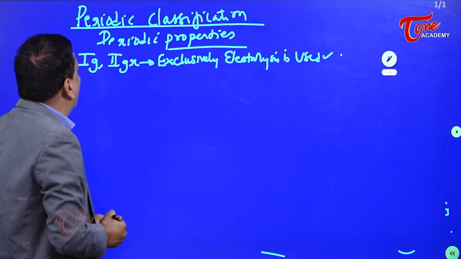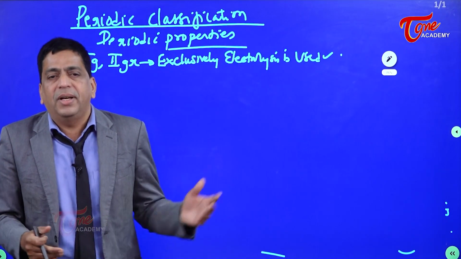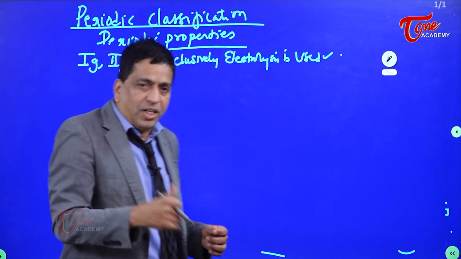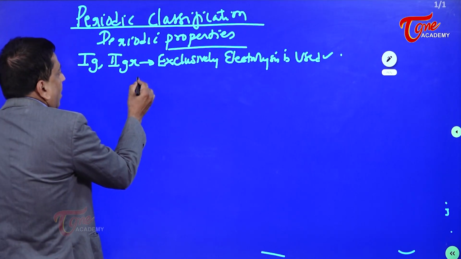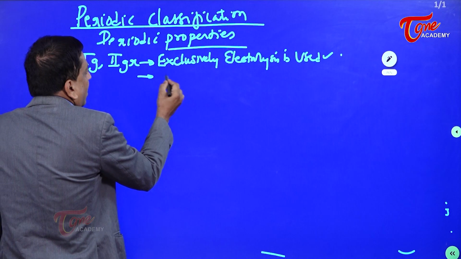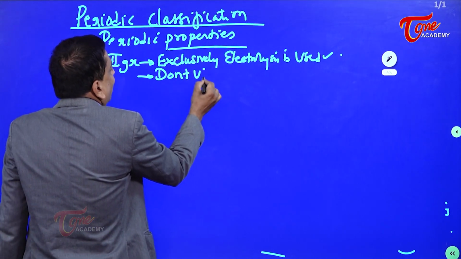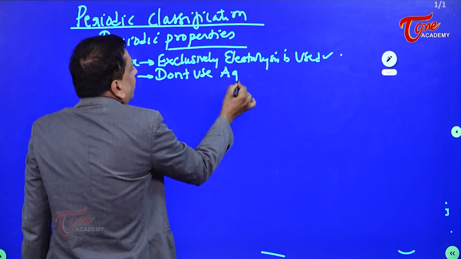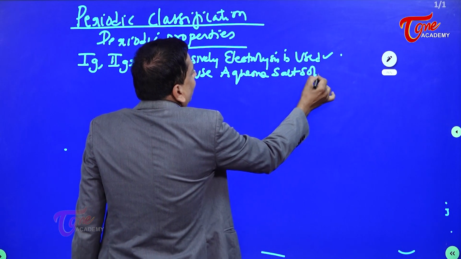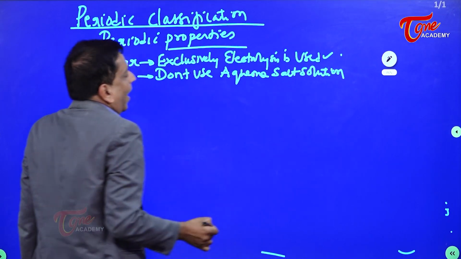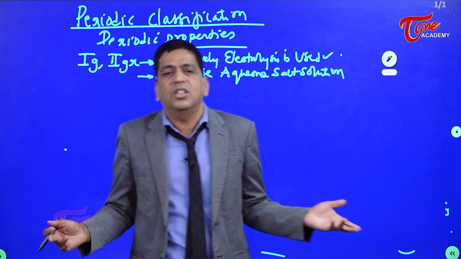Employing the remaining methods is stupid rather, right? Please don't do that. And the only caveat is basically don't use aqueous salt solutions. Don't use aqueous salt solution for extraction of the first and the second groups.